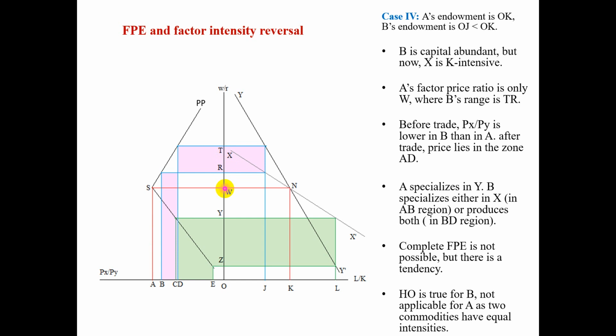So complete FPE is not possible, but there is a tendency. Heckscher-Ohlin theorem is true for B once again, but it is not applicable for A, as the two commodities have equal intensities.